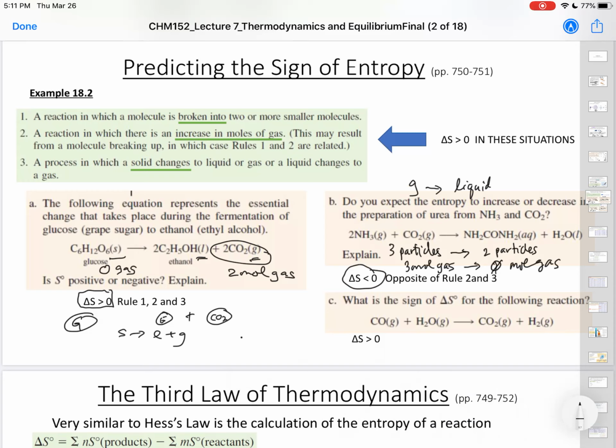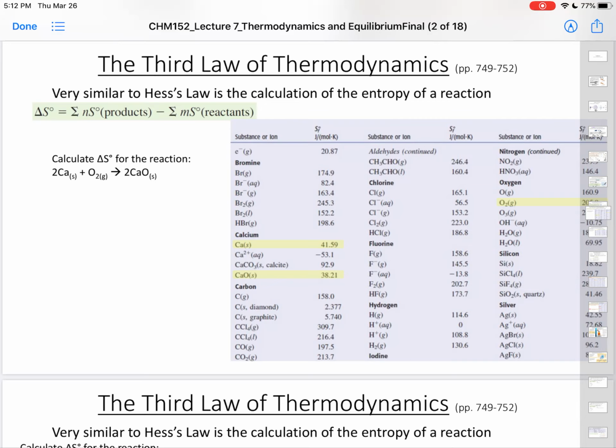All right, we're looking at the 3rd law of thermodynamics, and we're going to learn how to calculate delta S. Delta S is basically the sum of the moles of the standard entropies of formation of products minus reactants. So let's look. This table is in your book, and it is also in the back of your homework booklet.